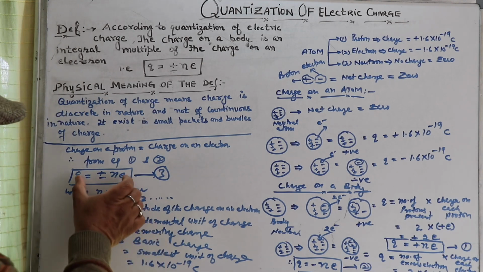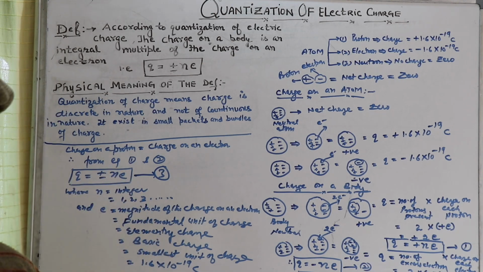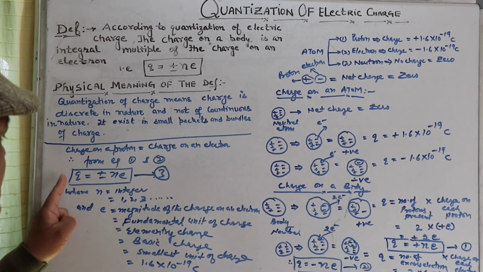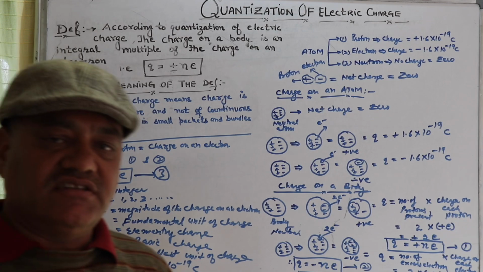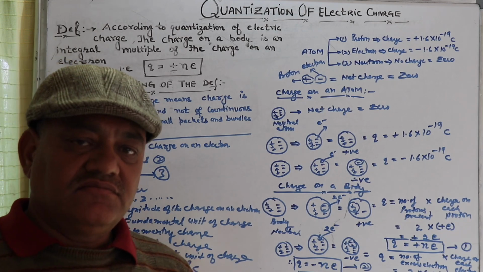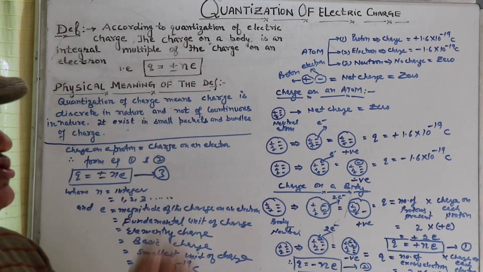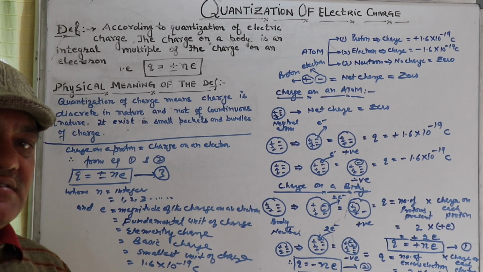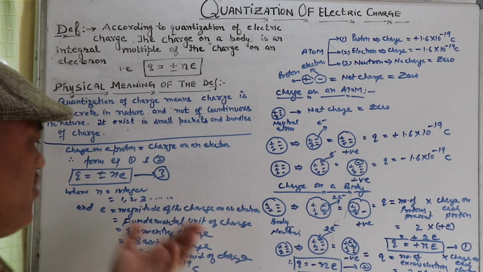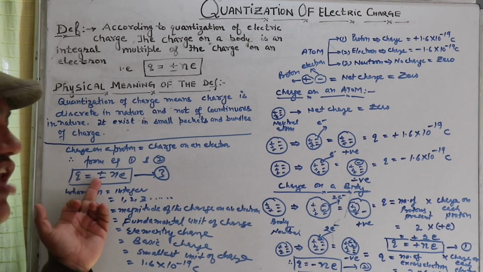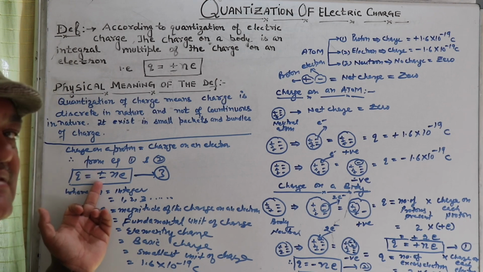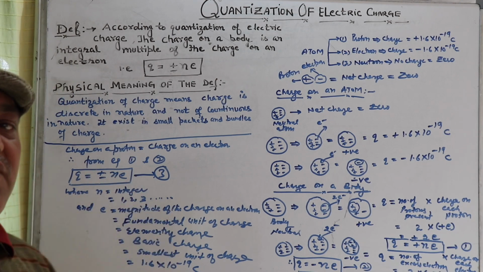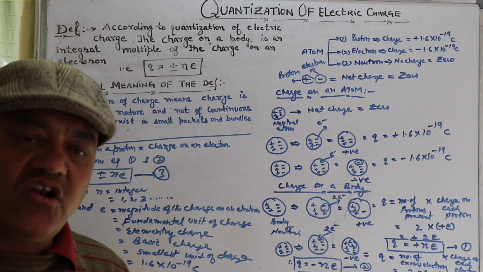According to this definition, the quantization of electric charge is defined as that the charge on a body is always plus minus integral multiple of the charge on an electron.